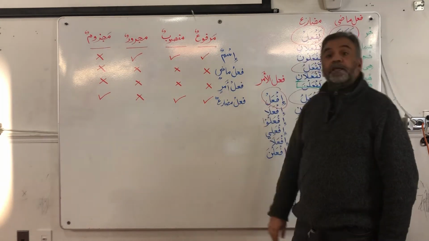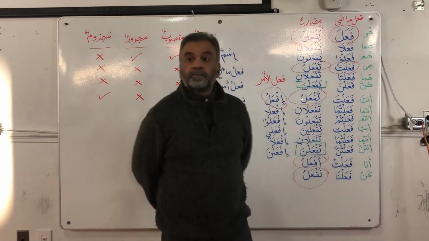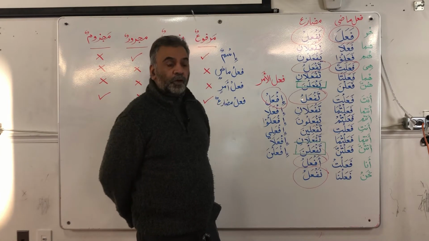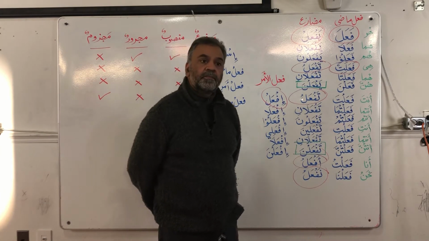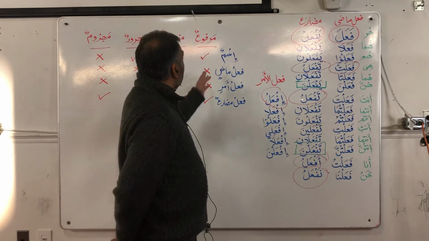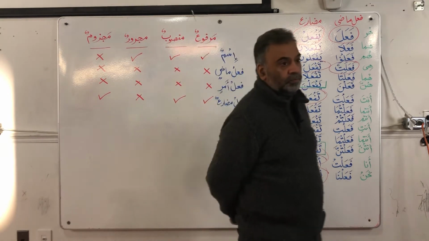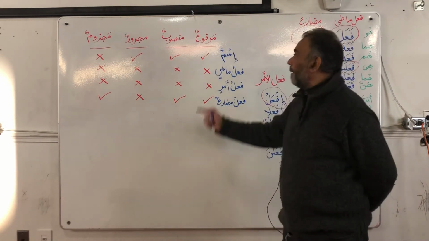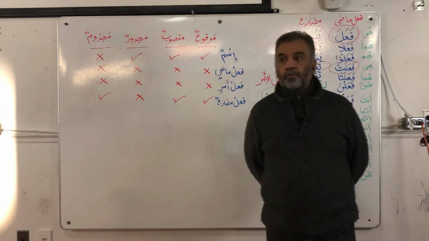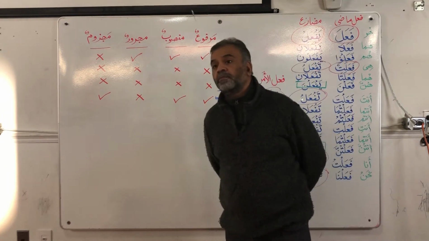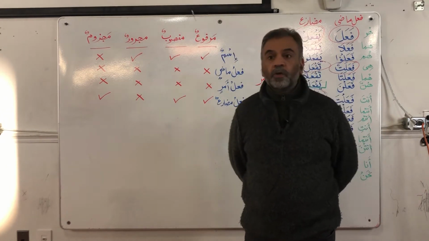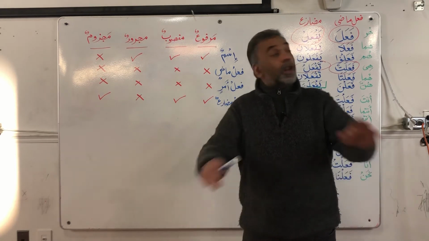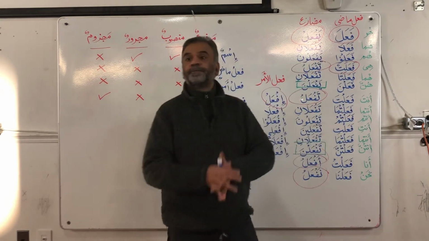Then comes fail madi, the past tense. Can they be marfu? No. I will tell you why. Can they be mansoob? No. Can they be majroor? No. Can they be majzoom? No. Why? Because they are all mabni.